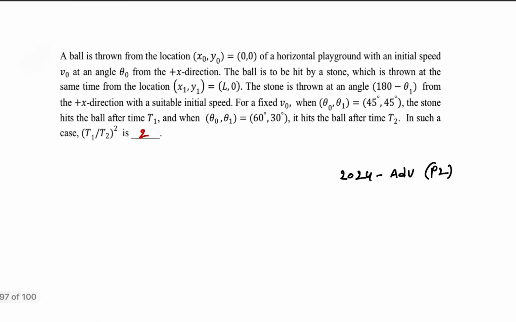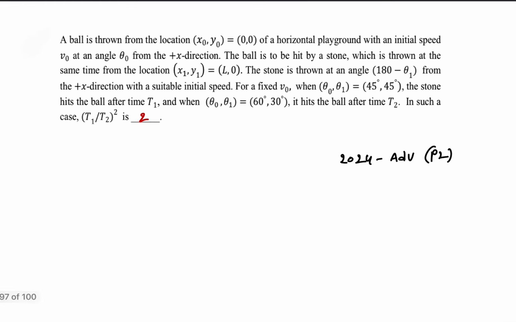Next question. This was asked in JEE Advanced 2024, paper 2. A ball is thrown from a location x0, y0 on a horizontal playground with initial speed v0 at an angle theta naught from the positive x direction.